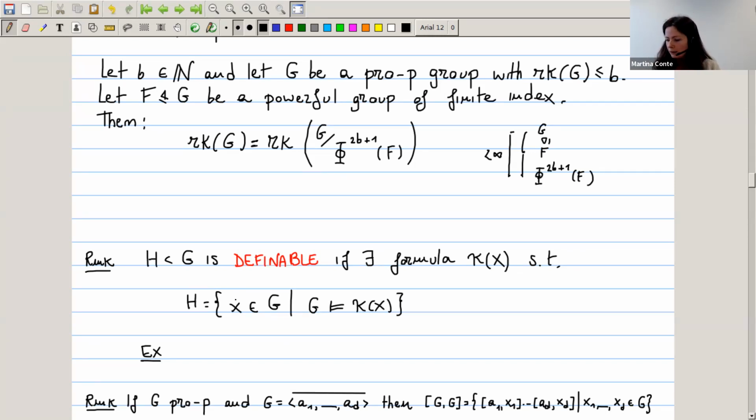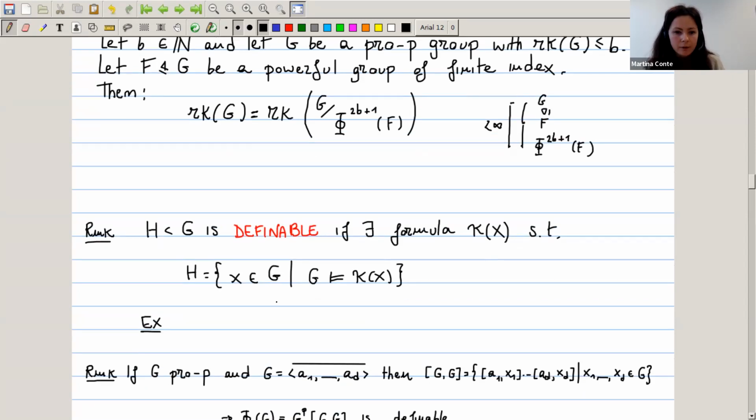So a definable subgroup is a subgroup for which belonging to the group is expressed by a first-order formula. So H is definable if there exists a formula phi such that H is made of the elements x in G such that G satisfies this formula phi(x).